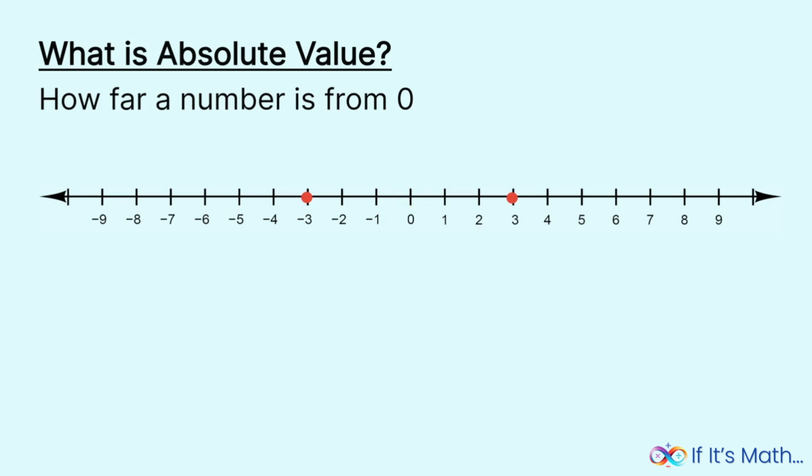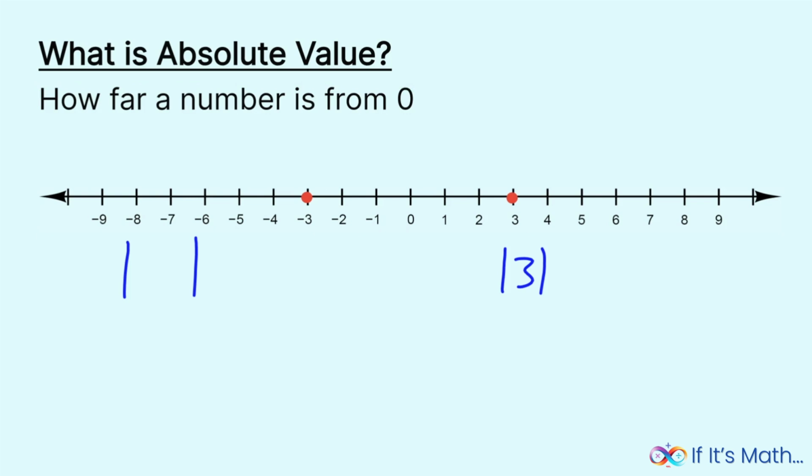The way you represent that is through absolute value symbols, which are these upright lines. If we have the absolute value of 3 here, by definition, that's how far a number is from 0.